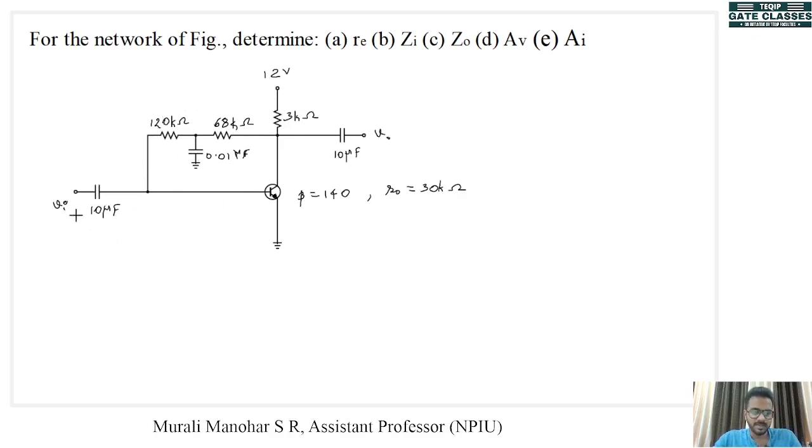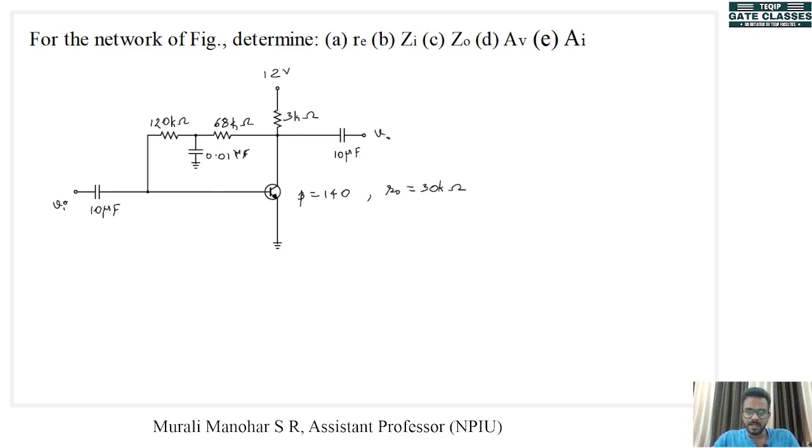That's all the resistance. If we want to find out Re, we have to do DC analysis first. In DC analysis, all the capacitors are open circuited, and in AC analysis, we know that all the capacitors will be short circuited. They are high enough so that they can be considered as short circuits.